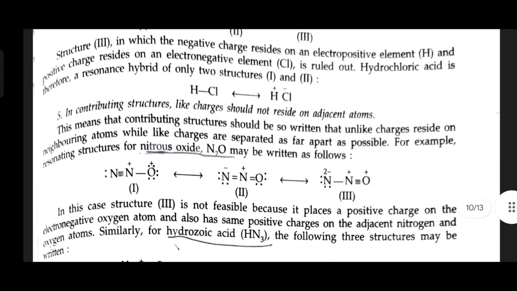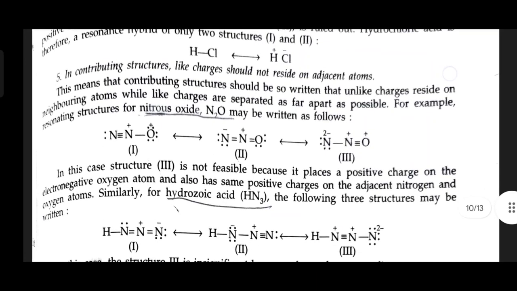Fifth point, in contributing structures like charges should not reside on adjacent atoms. This means that contributing structures should be so written that unlike charges reside on neighboring atoms, while like charges are separated as far as possible. For example, resonating structures of nitrous oxide, N2O, may be written as follows.